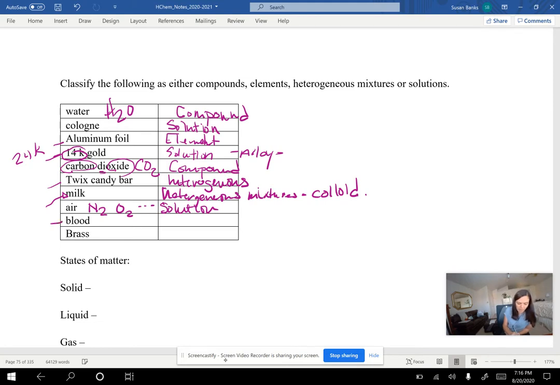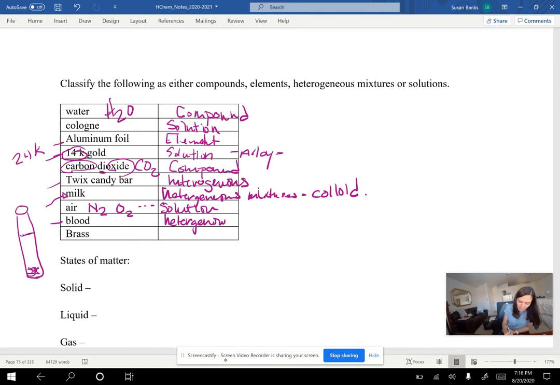Blood. Have you ever had blood just sit? If you take your blood and have it in a test tube after about 10 minutes, all the red blood cells come down to the bottom and all the plasma and white blood cells float to the top. It is a suspension. So it's a heterogeneous mixture, sorry.